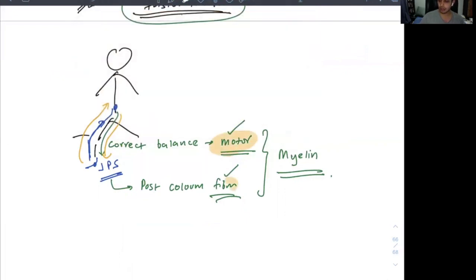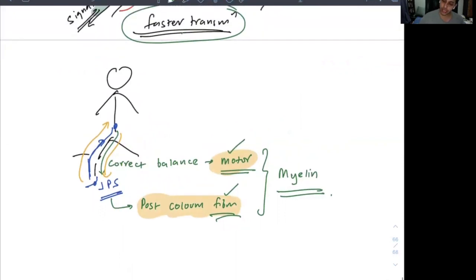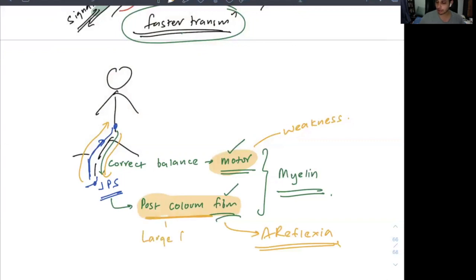Your motor and your posterior column fibers, the transmission will be slowed down so much that there will be neurodeficit. So that means that there will be weakness and there will be reflex loss, that is areflexia, because your reflexes also use your posterior column, that is your large fibers.